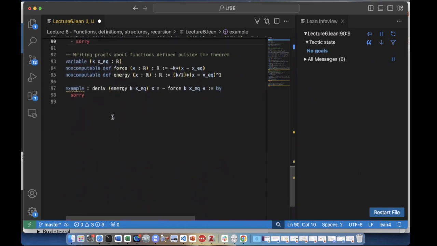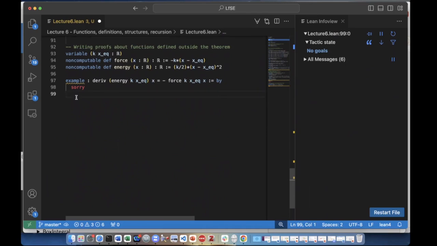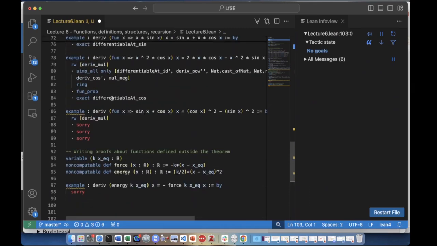Now we are on to the last little message about all of this, which is really going to segue into the second module of the course. All of the above things are just little proofs about a function which is defined inline. So this function only exists in the context of this example.